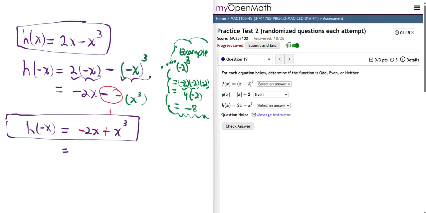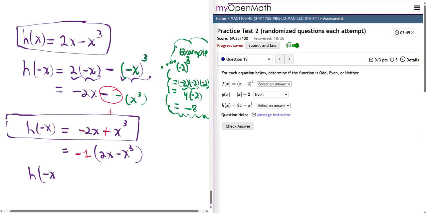So that means that I could factor out a negative 1, and so I would end up with 2x minus x cubed on the inside after I factor out that negative 1. In other words, what's happened when I put in a negative on my x is that I ended up with a negative on my entire function.